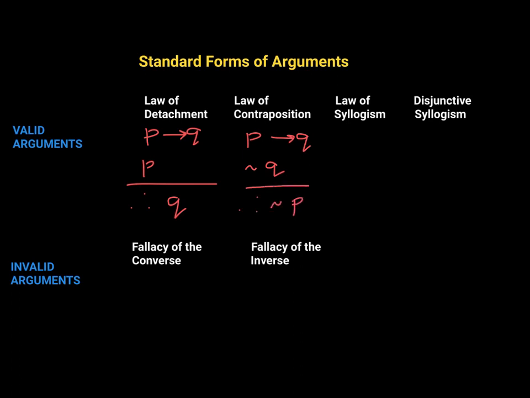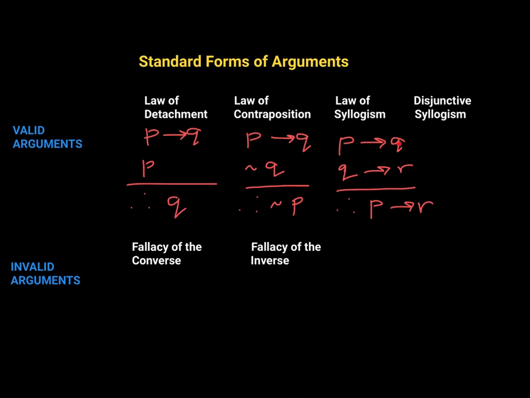Okay? The law of syllogism is another conditional statement. It says if P, then Q. This argument we did not look at. We did not look at an example of this, but we will eventually. If we have if P, then Q, watch this, and then we're given if Q, then R, then we can conclude if P, then R. I hope you followed that.